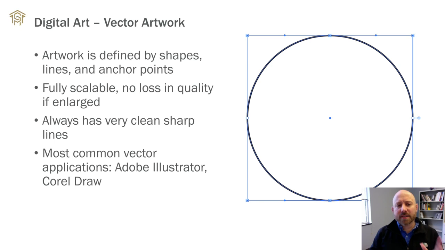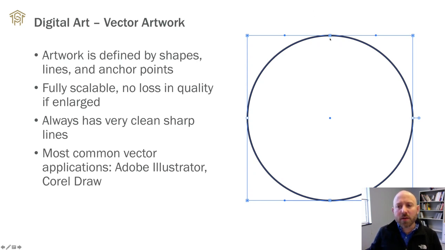So this artwork is defined by shapes, lines, and anchor points. So we look at this shape. It's just a basic circle, right? Well, the thing about it is that in a vector artwork, there are anchor points that go around any shape, and those anchor points are documented by the graphic application.